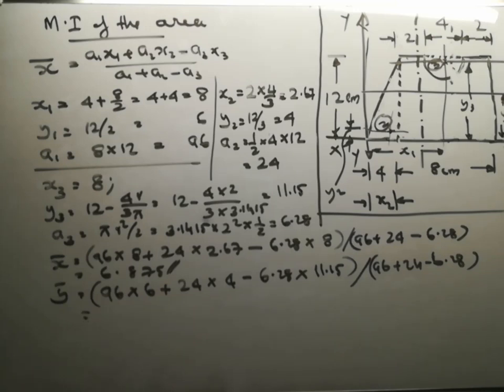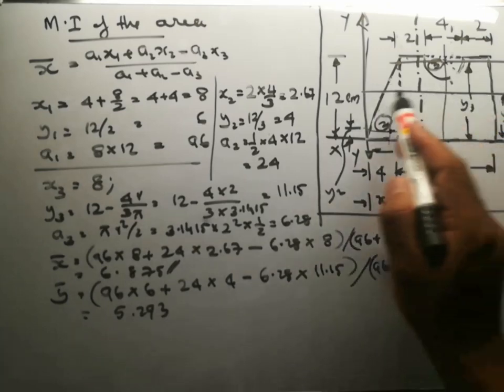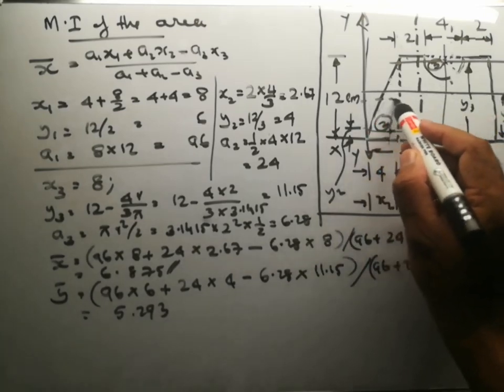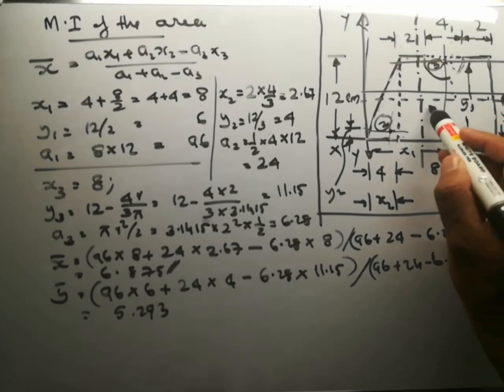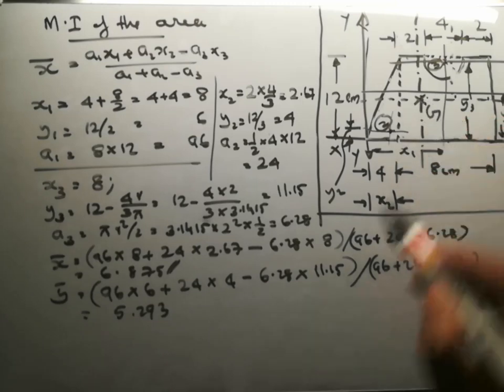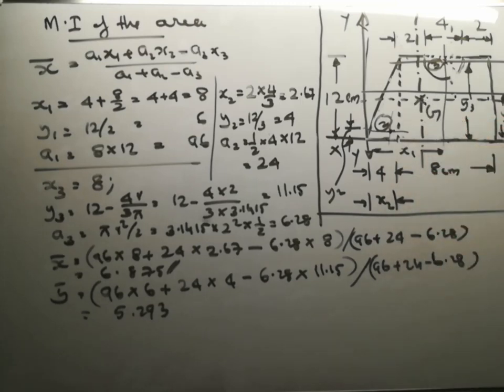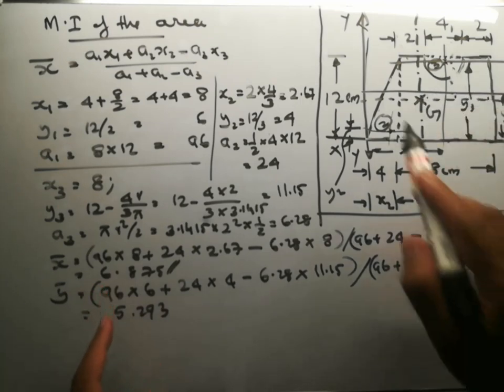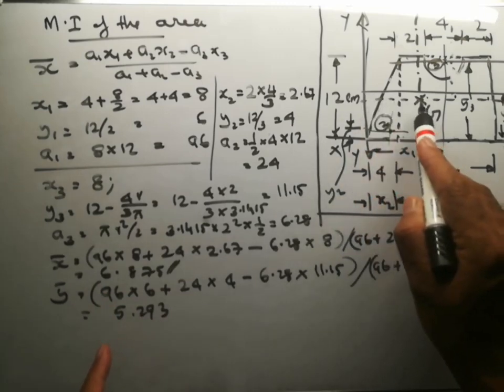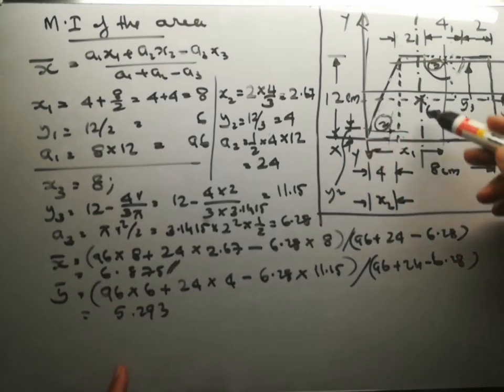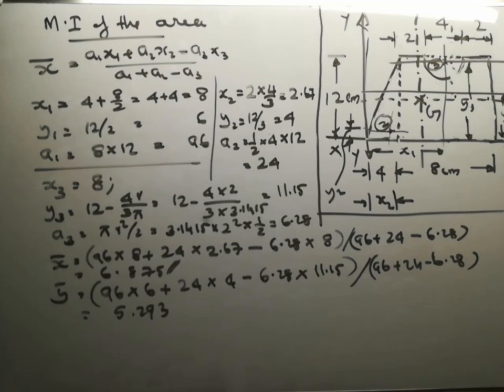It will be equal to y bar is 5.293. So this is 6 just around here. This will be G. Its coordinates are, from here 6.82875 and from here 5.293. That is the position of centroid.